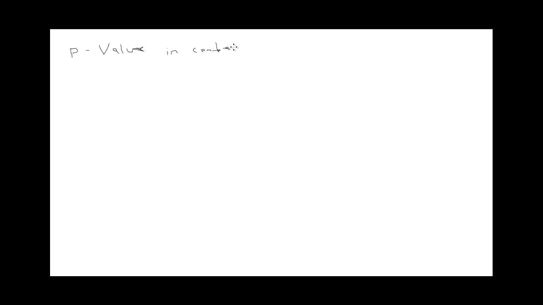Okay, so if I want the p-value in context, here's what that's going to look like. Well, what are we assuming about the null? We're assuming that the null hypothesis is true. So what would that mean? Remember, your p-value is a conditional probability.